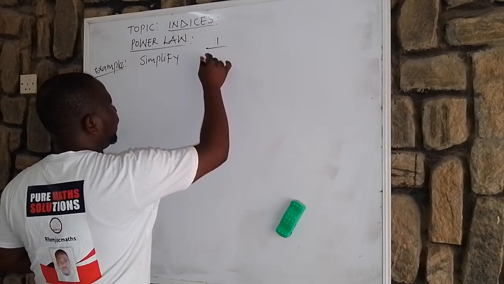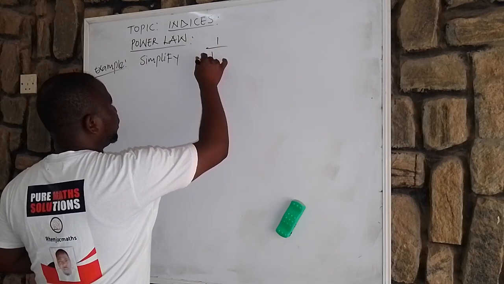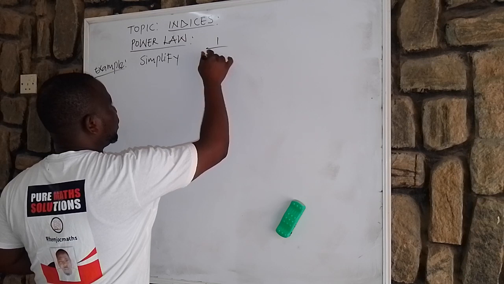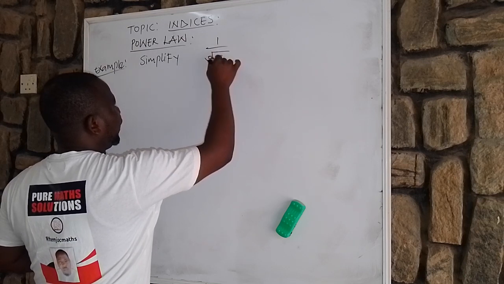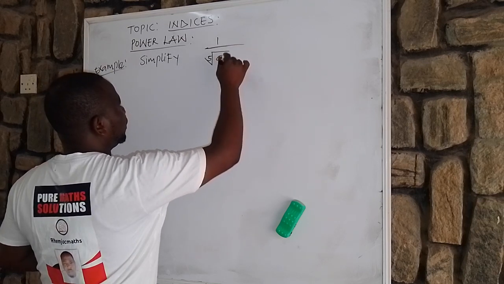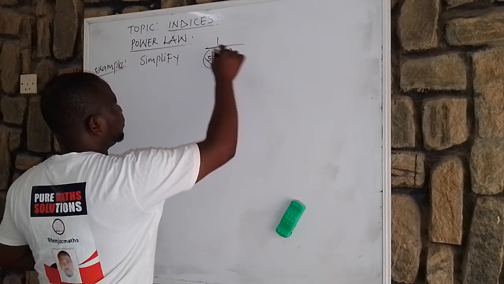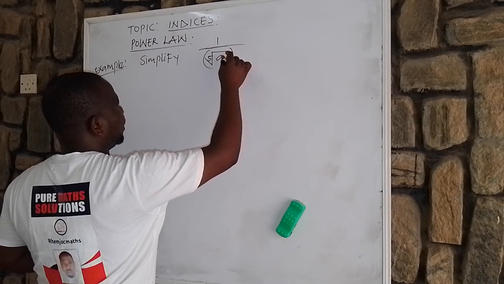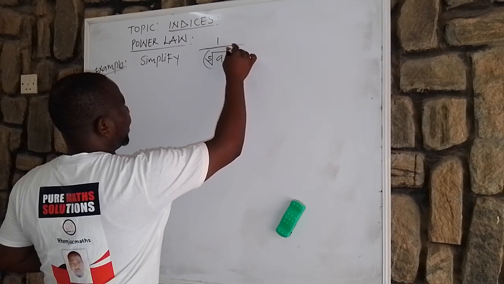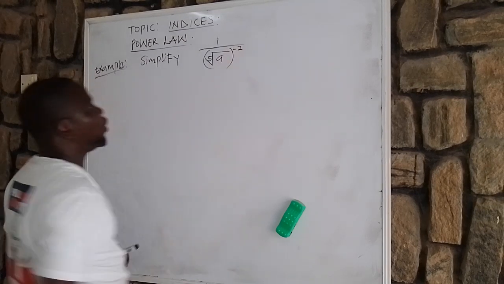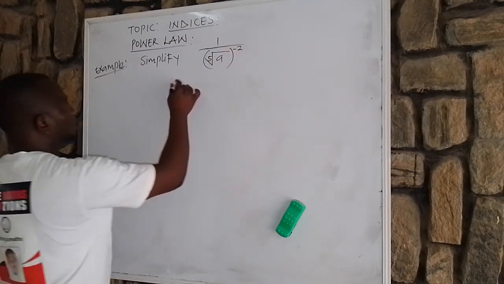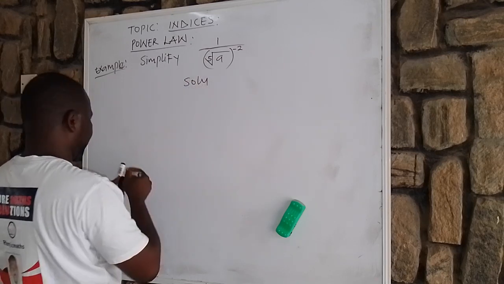1 all over the 5th root of a, open bracket, raised to the power of minus 2. Okay? So what we need to do, we write solution, right?